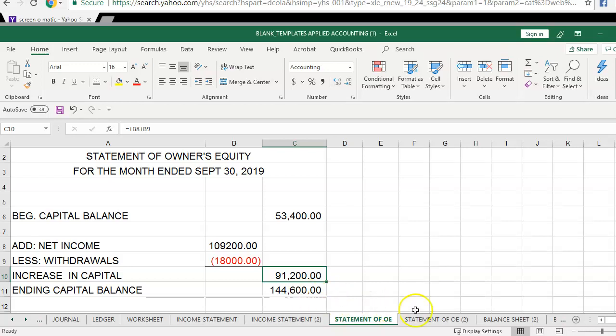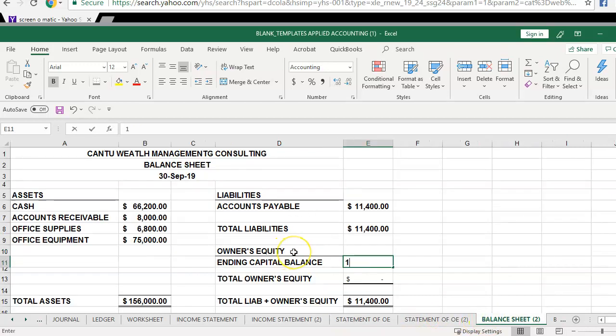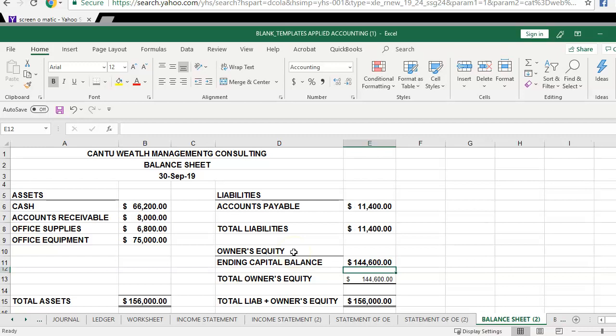And the ending account balance was $144,600. So that amount is transferred over to the equity section of our balance sheet. Because again, we're now at the end of the accounting period, and for each account, we're showing their ending balance. We now want to add our liabilities plus owner's equity, and when you add those together, look at that, we balance. They must equal your total assets.